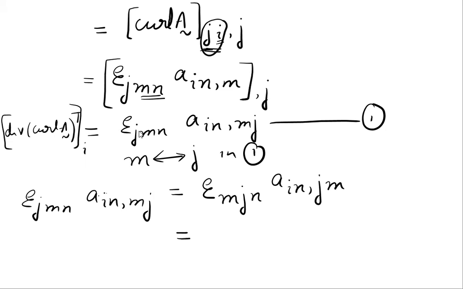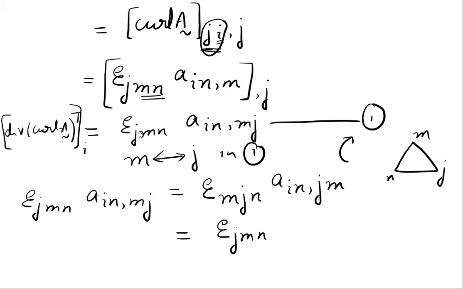Now in the next step, look at the suffixes mjn. Let me take in what order I'm writing them. So mjn is cyclic, or clockwise. Now what is epsilon jmn?